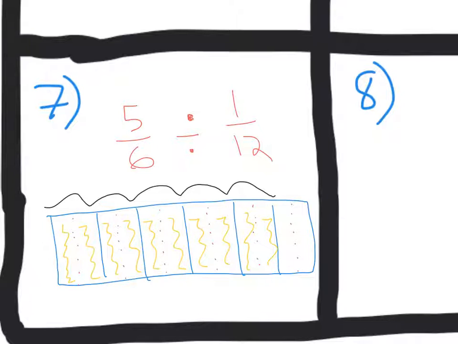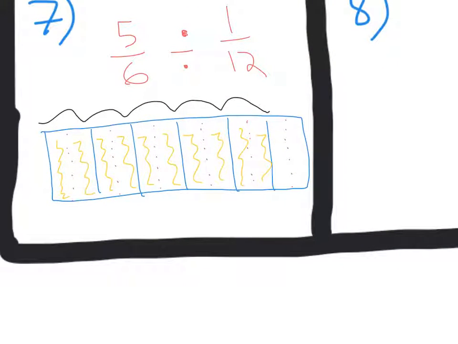And that's where we're going to stop, since we only cared about 5 out of the 6 pieces to begin with. So that means there are 10 12ths in 5 over 6. So this would be my answer of 10. And if you don't believe me, you can just do the keep, change, flip method and find out the answer that way.